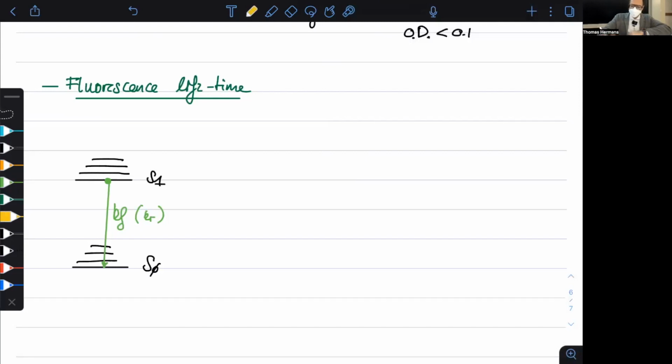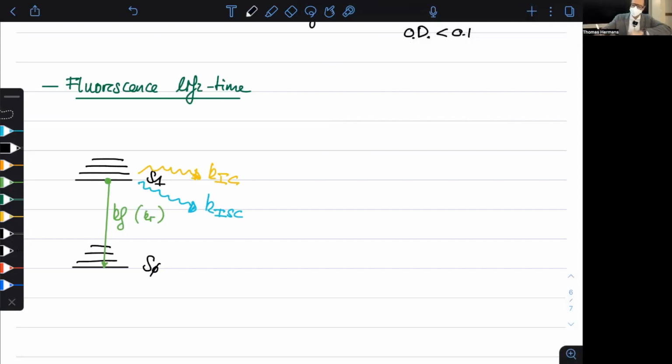And I have internal conversion for this color, and I have intersystem crossing, which have rates, right? So depending on your system, on your molecule, you will have different processes.